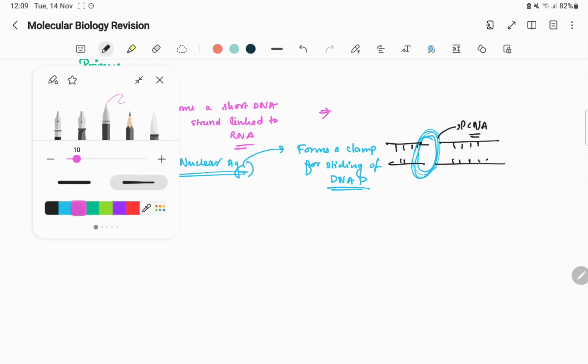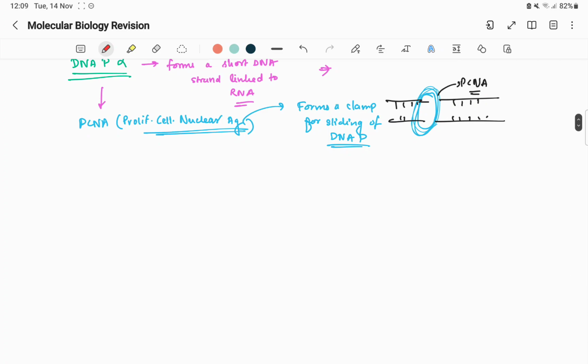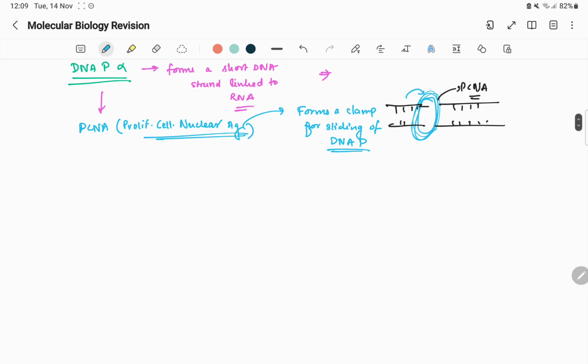And this PCNA is a ring, but we have to attach it to the DNA. If this is the PCNA strand, we have to open up the strand so as to attach it to the DNA.